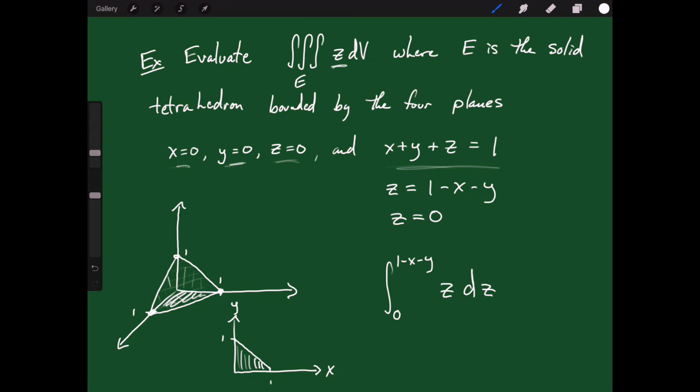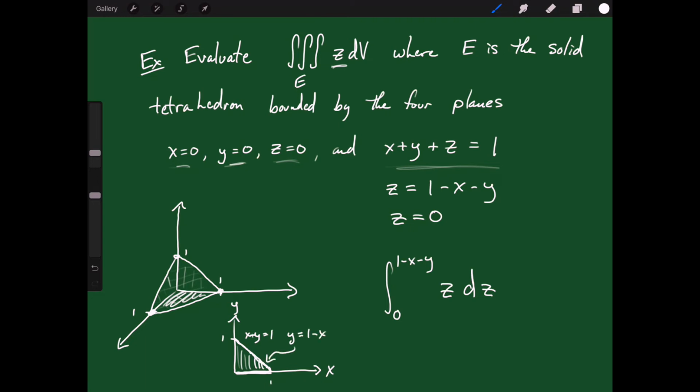So in the xy plane, I'm going from a function on top here to a function on the bottom here. So what is this function and what is this function in terms of y? So the top function is what? Well, that's when z equals 0, so I have x plus y equals 1. Okay, so this is x plus y equals 1, otherwise known as y equals 1 minus x.